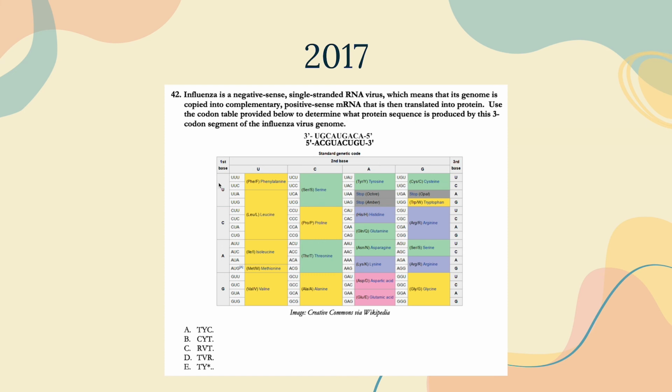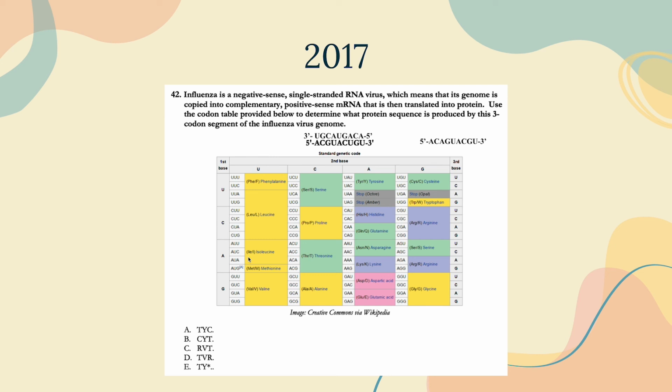So if you look at it, this is what it's going to be, right? Just matching it up. This is what the sequence of the mRNA is going to be, and we'll flip it over 5' to 3' for ease, because that's the order we're going to use in translation. And then we can use the codon table to find out what the protein sequence is going to be.